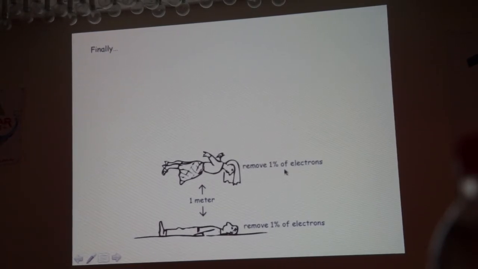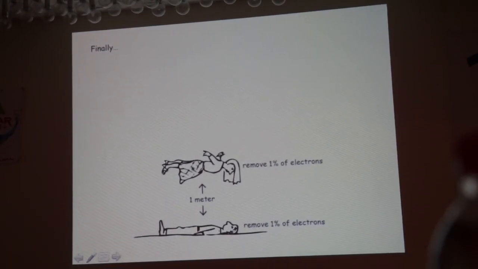You just remove 1% of the electrons, leaving positive charge. And you do the same for you, leaving positive charge. So the two of you, although you may want to attract, you're actually repelling. And so she's going to levitate. And the question is, in order to prevent that levitation, to keep her exactly in this spot, how much weight would you have to put on her? So I asked for some guesses.